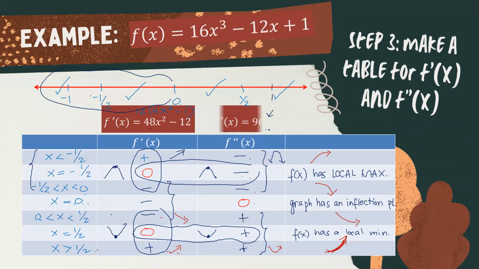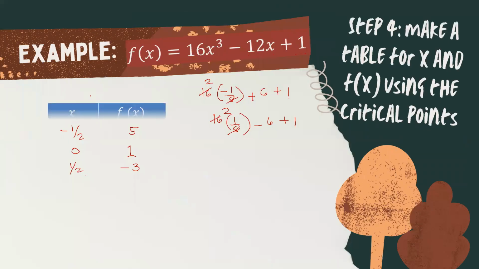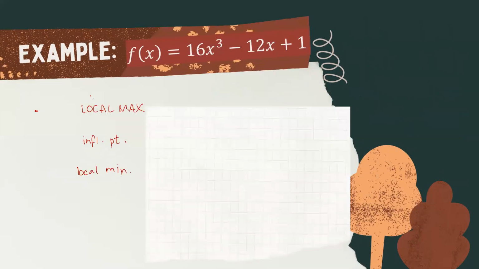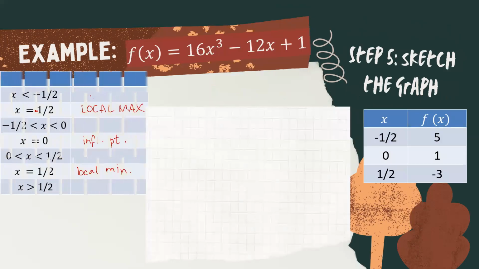Increasing concave downward. Tapos dahil local max siya, ibig sabihin magdi-decreasing pero concave downward pa rin.